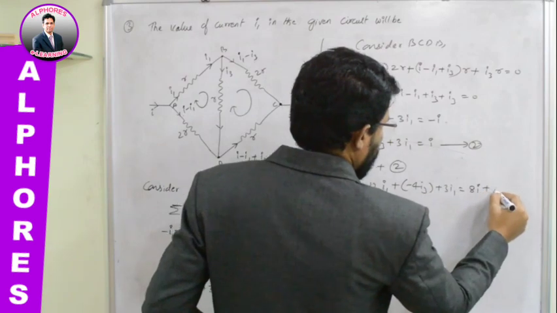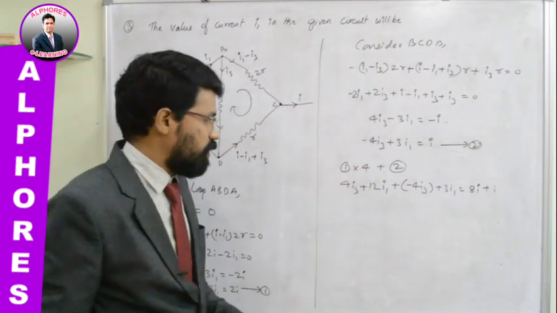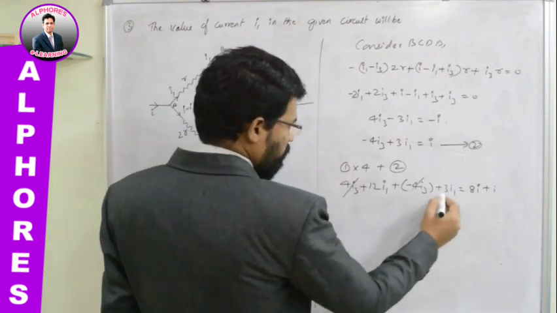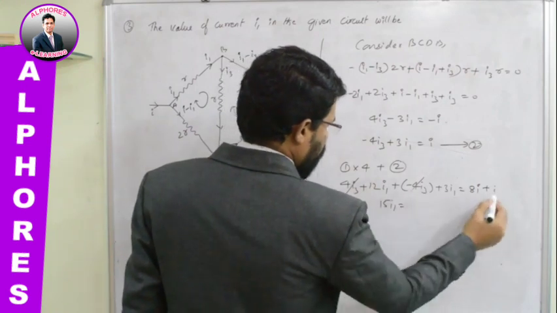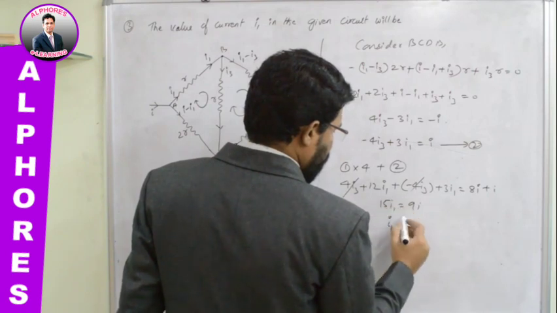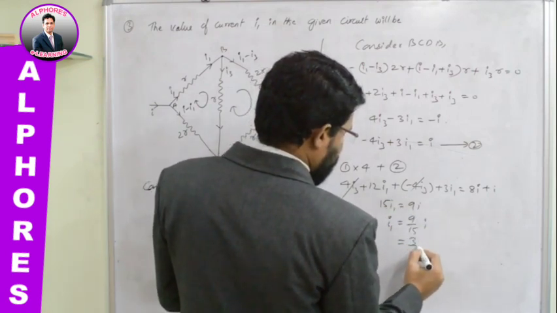I. So 8I plus I. Now see, 4I3 minus 4I3 both get cancelled, and finally what you are left with? 12I1 plus 3I1, 15I1 equal to 9I. Therefore I1 is equal to 9 by 15 I, or it can be written as 3 by 5 I.